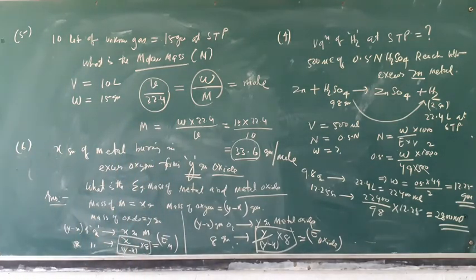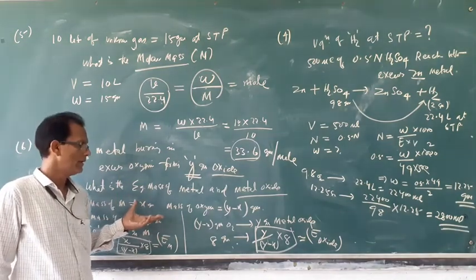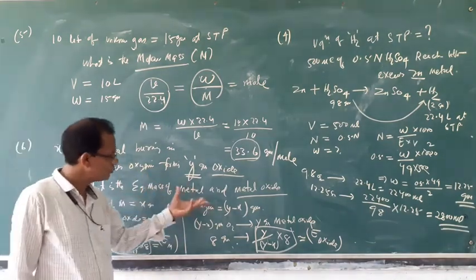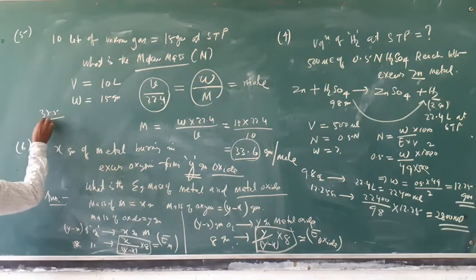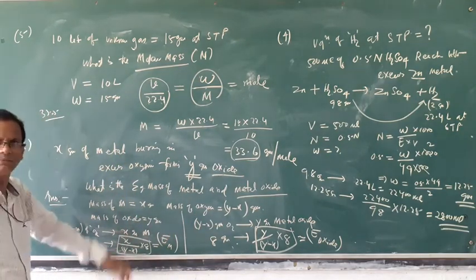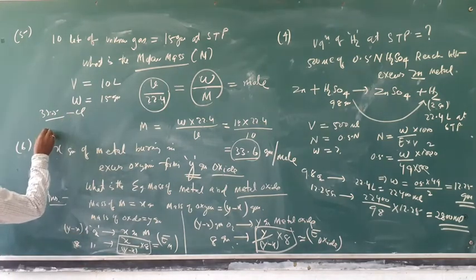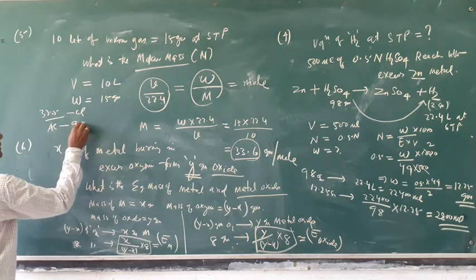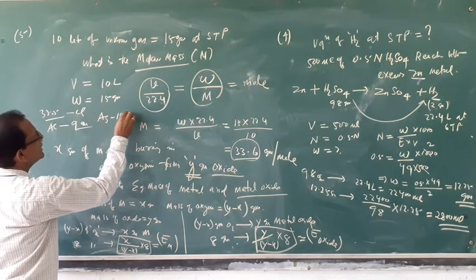Here, you have to think what is the comparison. If you compare with chlorine, you have to take 35.5 because 35.5 is the equivalent mass of chlorine. If compared with aluminium, you have to take 9 gram. If you compare with silver, 108 gram.